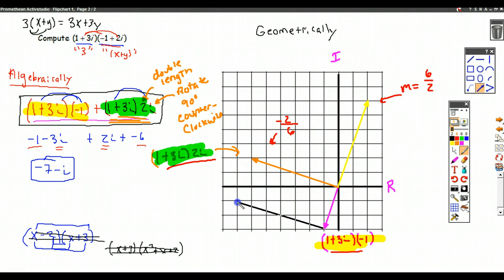And I've got to go left 6 and up 2. And I get my final answer right here. There is, what is it? It's -1, 2, 3, 4, 5, 6, 7, -7 minus 1i.